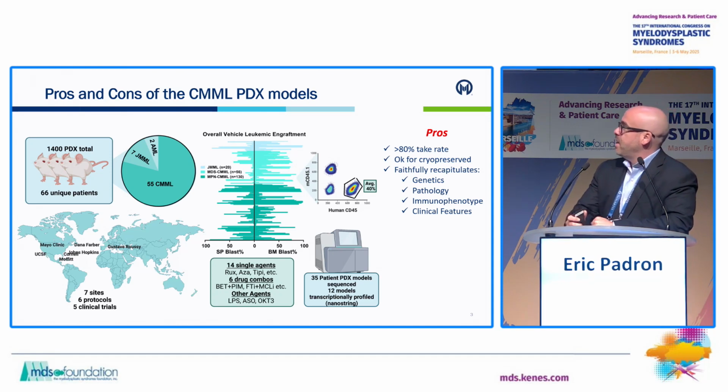In that context, across all our PDX models, the average bone marrow human CD45 engraftment is somewhere around 40%, which is important too. It's not 1 or 2% like you see, for example, in acute myeloid leukemia and MDS. It's 40%, so you can actually do preclinical therapeutic credentialing and use engraftment as a reliable readout.